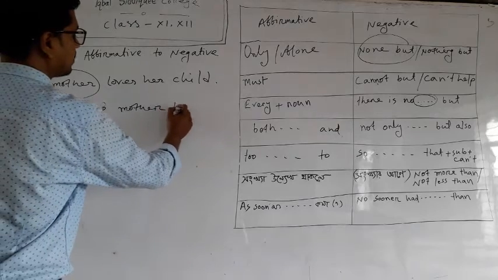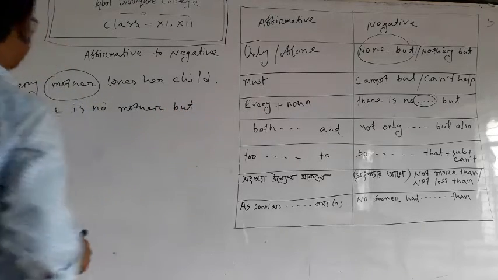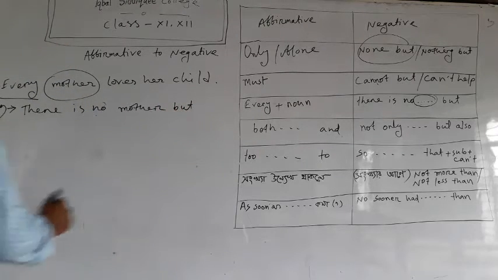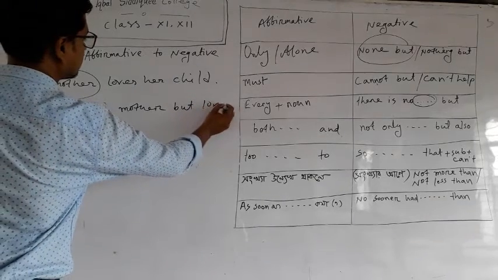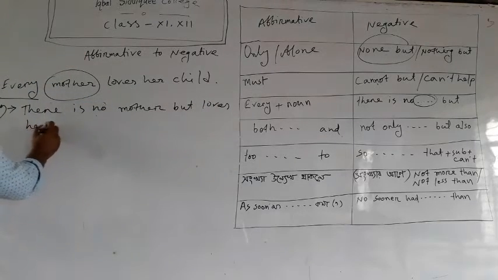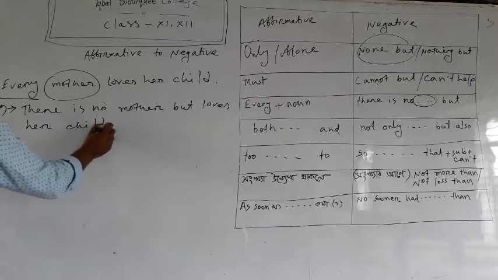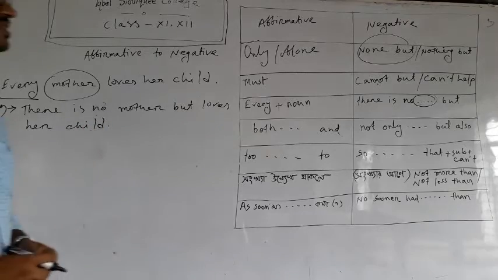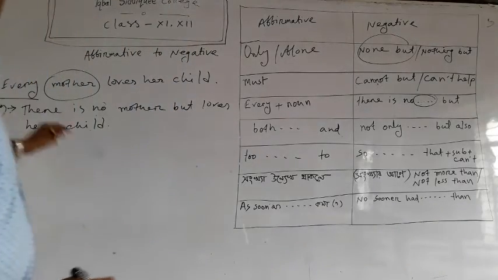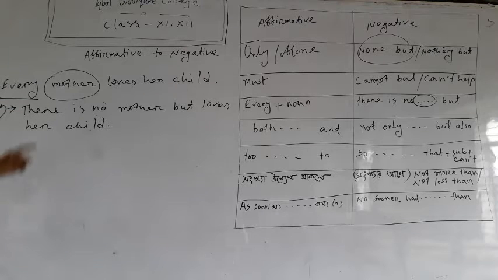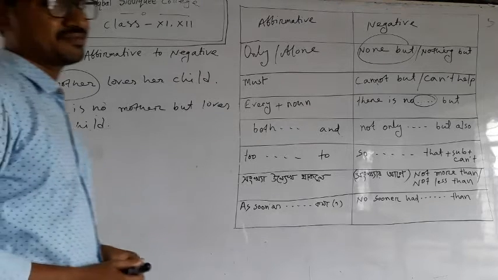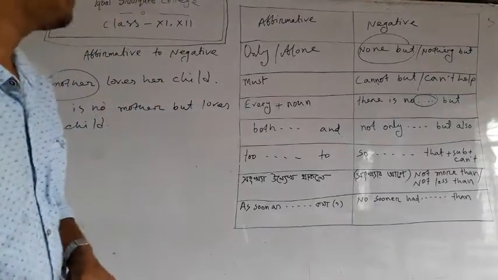So I will write but also. There is no mother but loves her child. It's very easy, students. So the sentence has turned negative from affirmative. Every mother loves her child. There is no mother but loves her child. We'll go to the next.